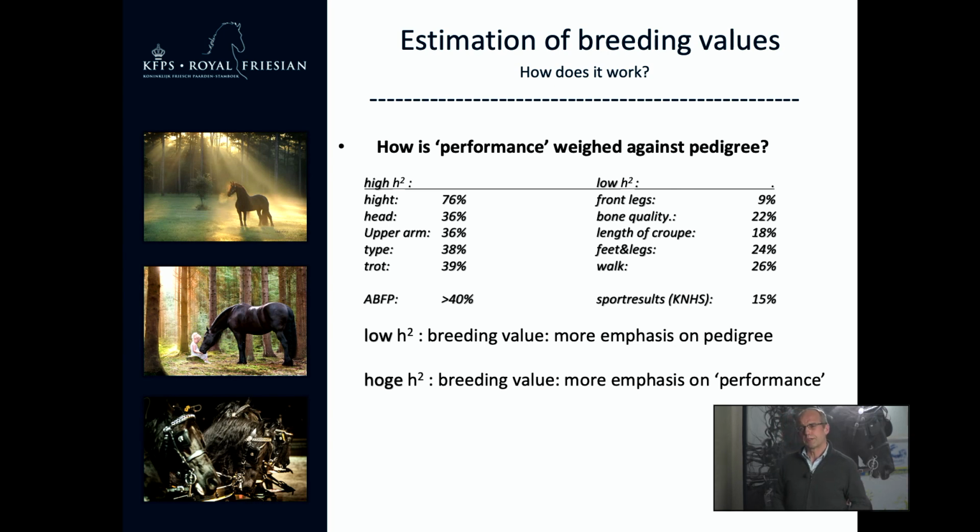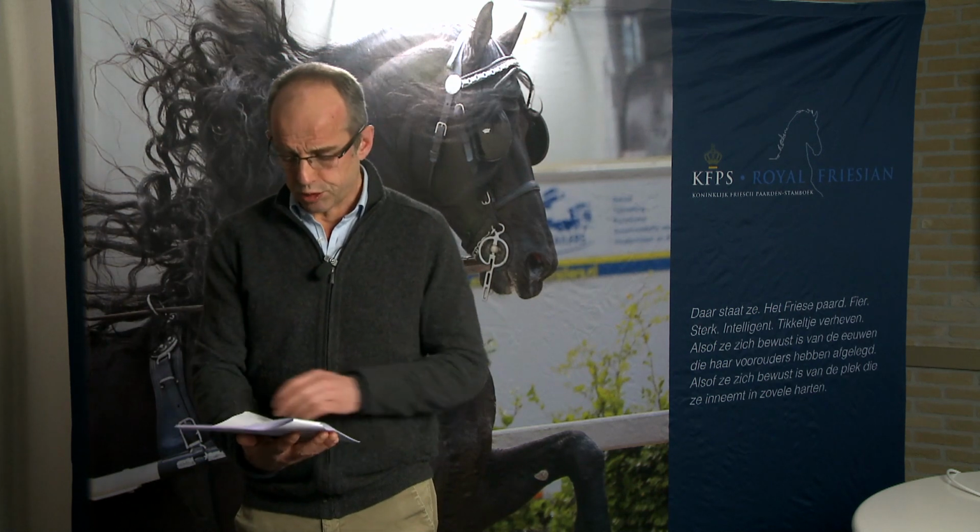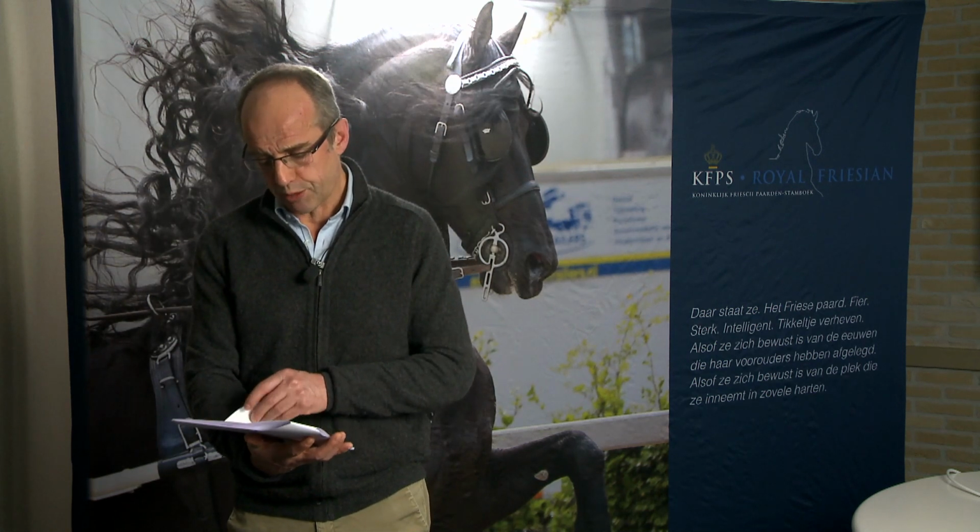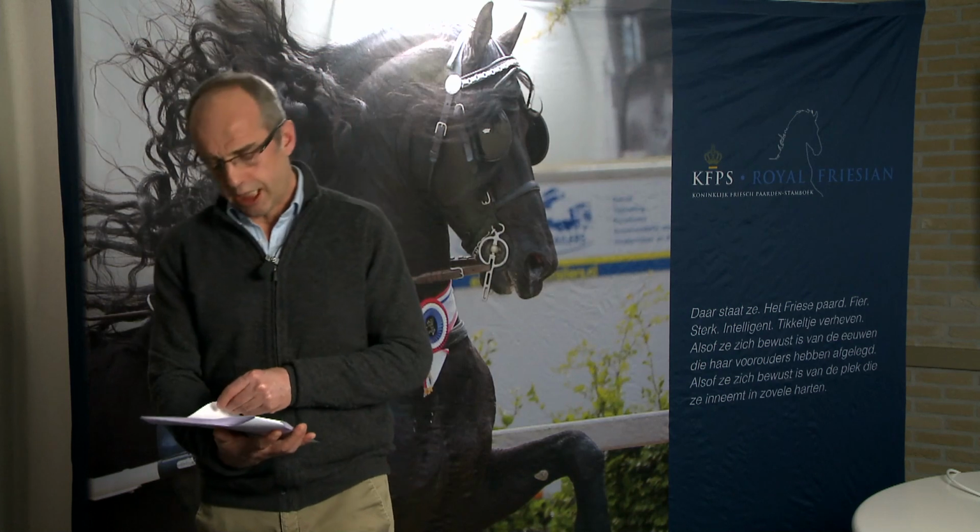So genetically, the Beard daughter with an average walk will be better than what you expect. And the other way around is true. If you have an offspring by Tjerk with a long walk, you still would be careful in mating this mare to a stallion with a good walk. So that explains how we implement heritability in our breeding values.